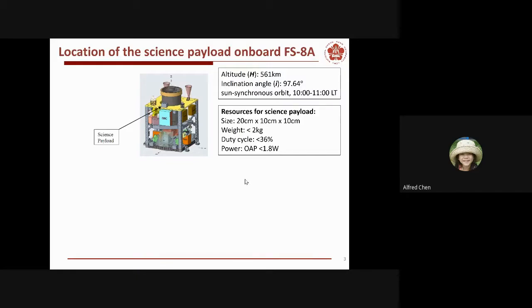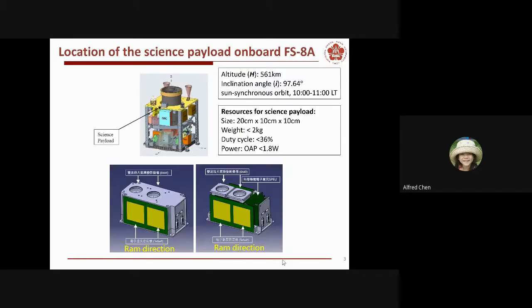The NCKU team finally proposed a payload equipped with 2 micro cameras, which we named DIAT, the dual band imager of atmospheric transient, and we also have a TNEP, which is used to measure the electron temperature and the density. And this is the ram direction.